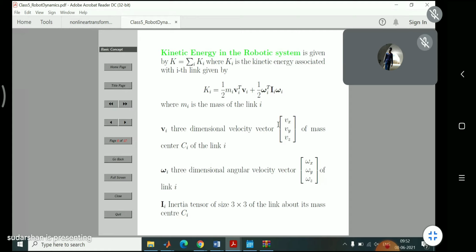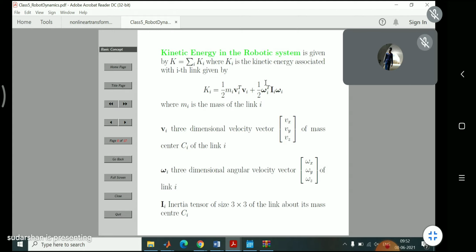Okay. So here the velocity vector is the velocity along the x direction, y direction, and z direction. Then we have the angular velocity vector. Again, this is the angular velocity around the x-axis, y-axis, and z-axis, how it is rotating with respect to them. Then Ii is the inertia tensor of size 3 cross 3.